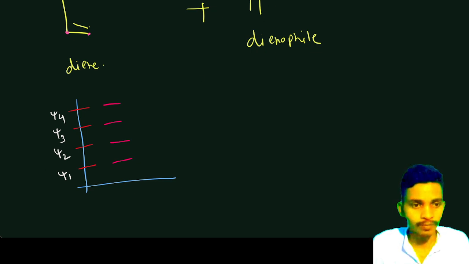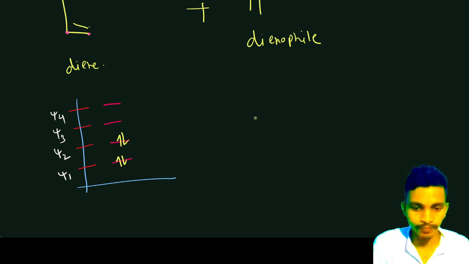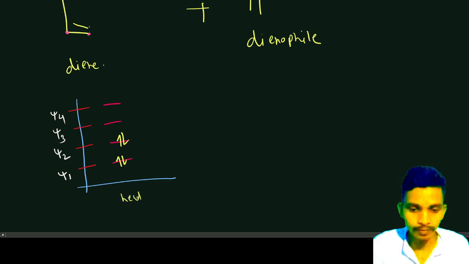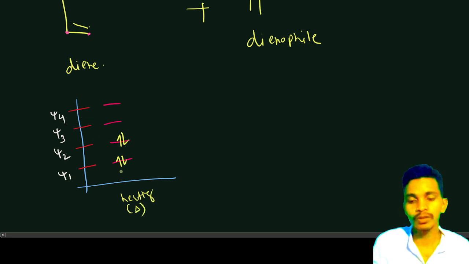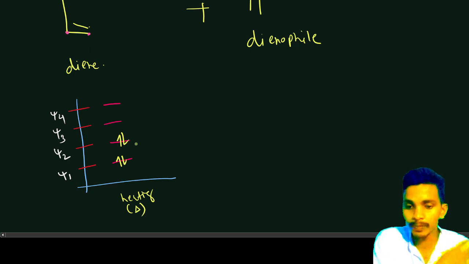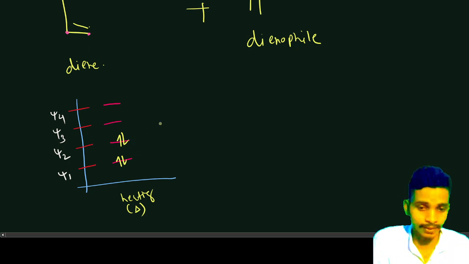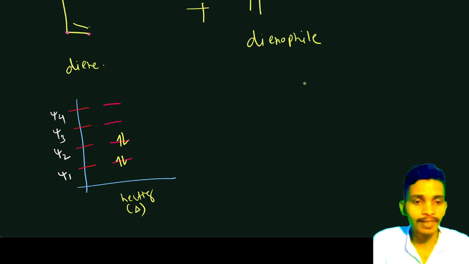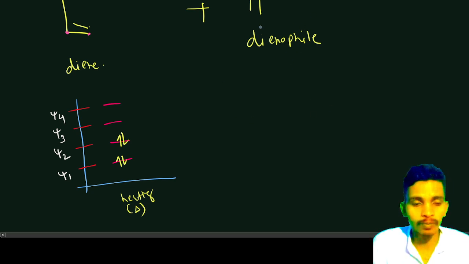Now this is important: count the number of double bonds. For dienes, 2 double bonds will always be present. So 2 double bonds means 4 pi electrons. So fill levels 1, 2, 3, 4. This is on heating, the ground state. Now for the dienophile we do the same thing. First count the number of carbon atoms.